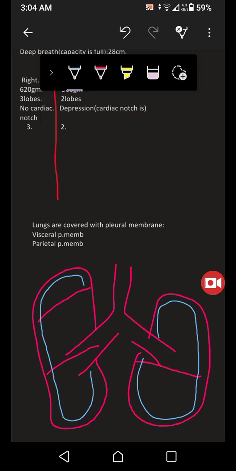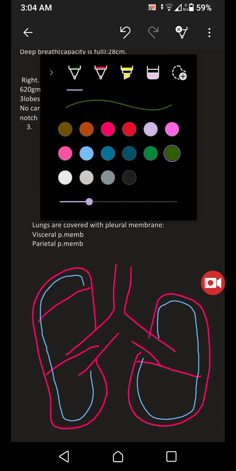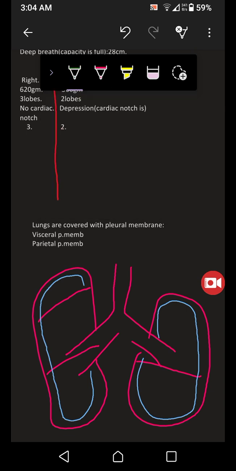Basically, there are two types of membrane: the outer and inner membrane. The outer membrane of the lungs is known as parietal, and the inner membrane is known as visceral pleural membrane.